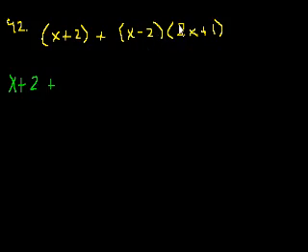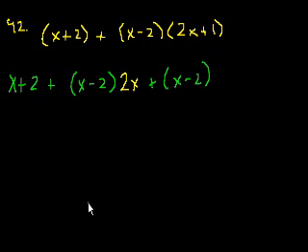So I'm just distributing the x minus 2 times each of these terms. So I could write this as (x minus 2) times 2x plus (x minus 2) times the 1, right? Now we can simplify that by doing the distributive property again.